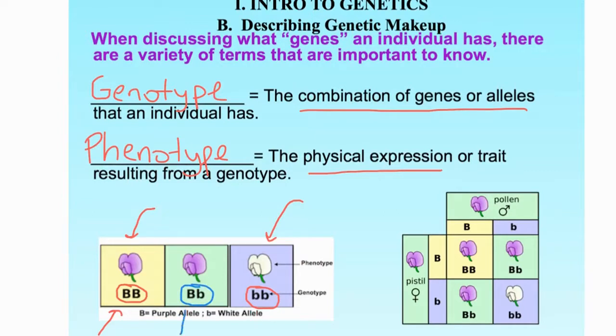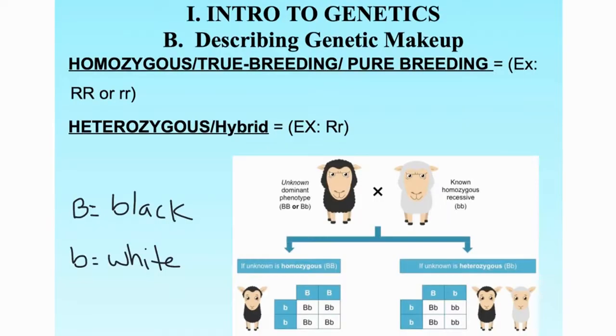It has one dominant allele and one recessive allele, but since it has that dominant capital B, it is going to have purple flowers, just like this flower over here that has two dominant alleles. The only way you can have white flowers is to have two recessive alleles, like this flower right here. If you have two little b's, then you'll have the white flower phenotype.